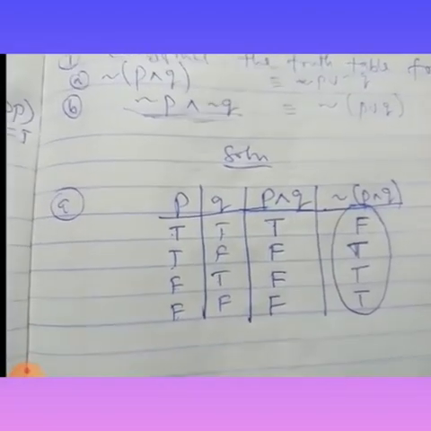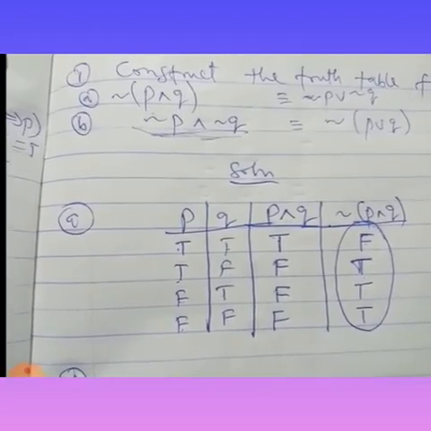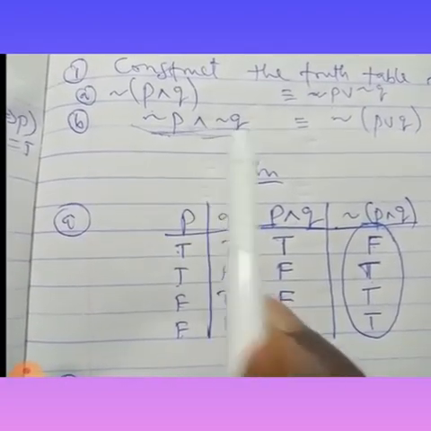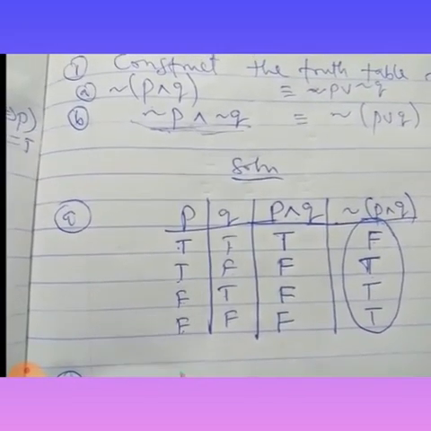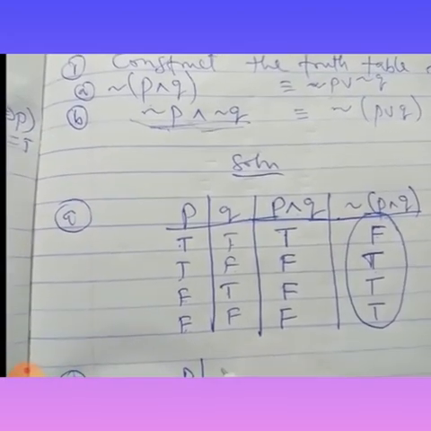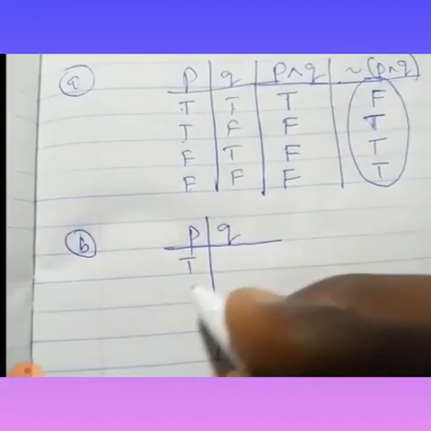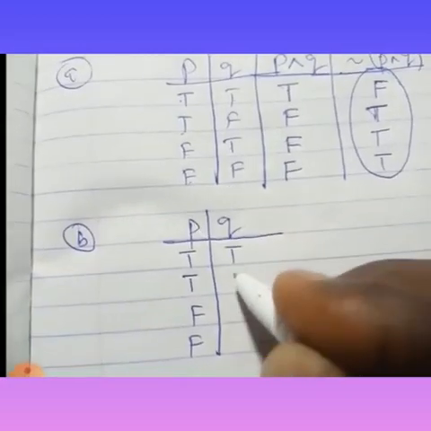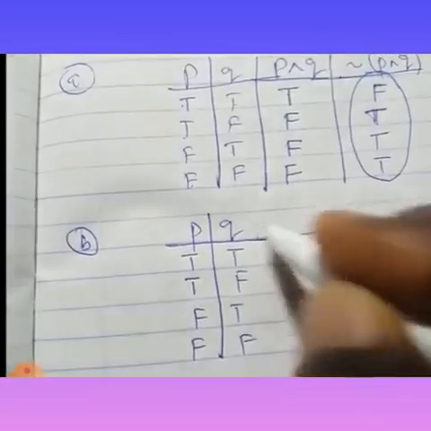Now, moving on to the second question, the negation of P and negation of Q. So we have two statements also. Let's write out the possible truth values for these two statements. We have P and Q. For P, like I told you, true, true, false, false, while Q will be true, false, true, false.